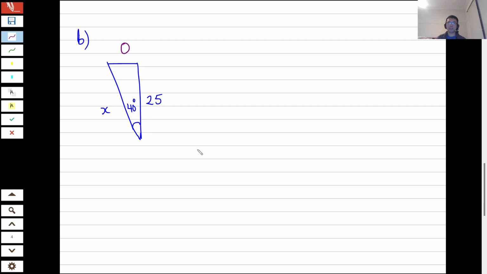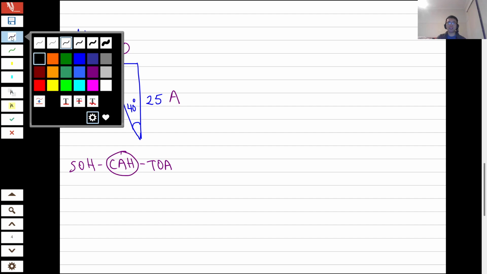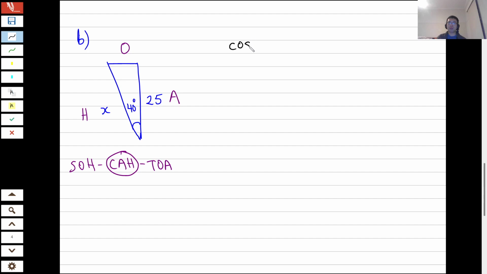So O, A, and H. I need a trig ratio, in this case, where I have H and A, because I don't have O. The trig ratio of A and H is cosine, so I should use cos as my starting point.